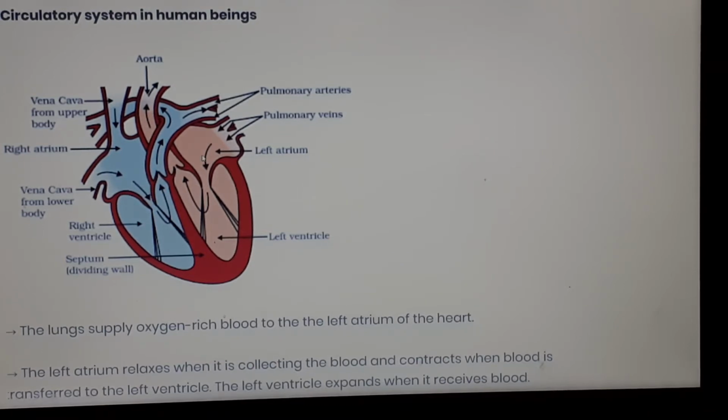Next one. Here we have the septum. This is said to be the dividing wall. This is separating the deoxygenated blood and the oxygenated blood. Deoxygenated blood means it has carbon dioxide in it, that is not purified, impure blood.